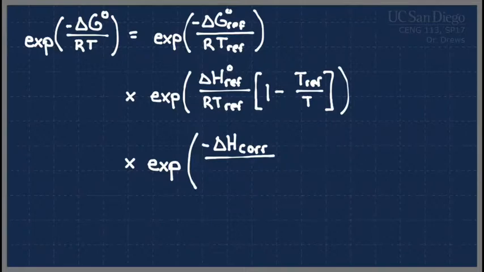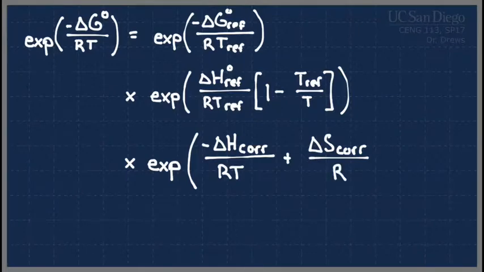We will define that in a minute. It's a correction term plus delta S correction over RT, or sorry, just over R. We're going to annotate the crap out of this, which is why I didn't say anything on there.